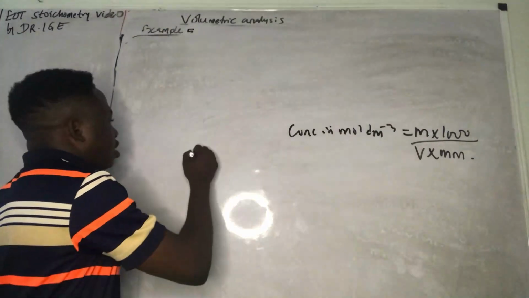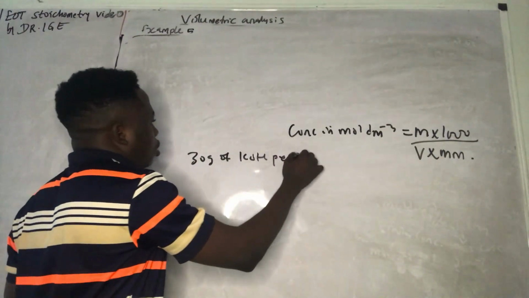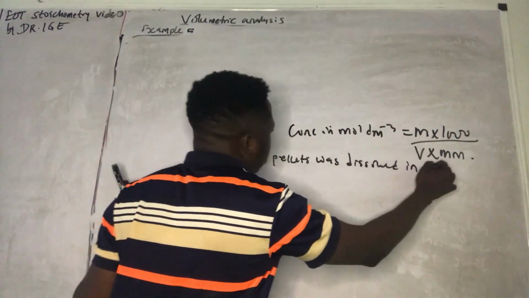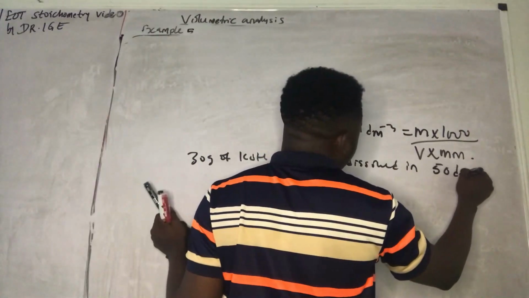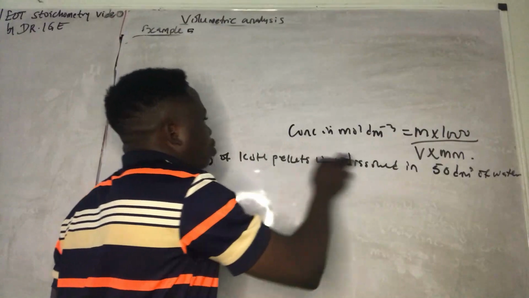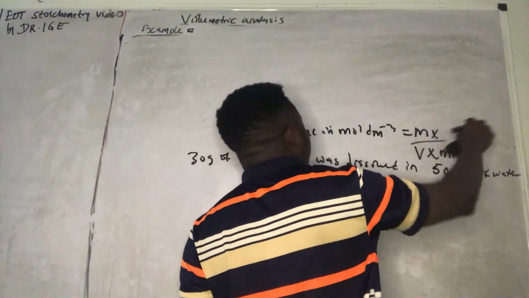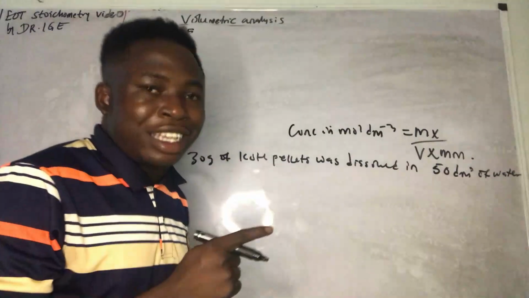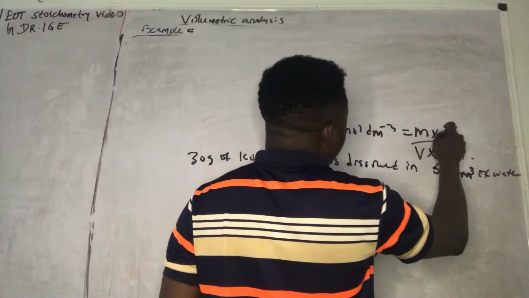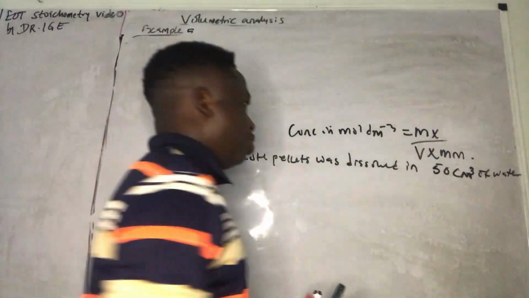So if you have something like 30 grams of KOH pellets dissolved in 50 dm3 of water, how do you convert this gram per dm3 to mol/dm3? It's easy. You will remove this 1000. Please take note that the function of that 1000 is to convert cm3 to dm3. So this is already dm3, don't use 1000 again. When you have cm3, then use times 1000. That's the logic I want us to understand.